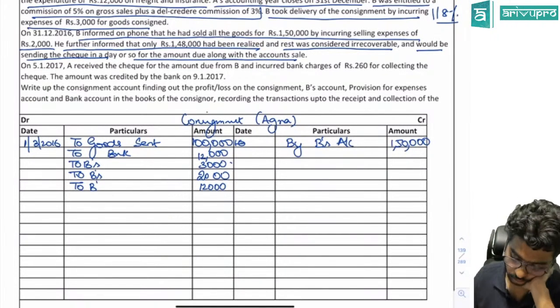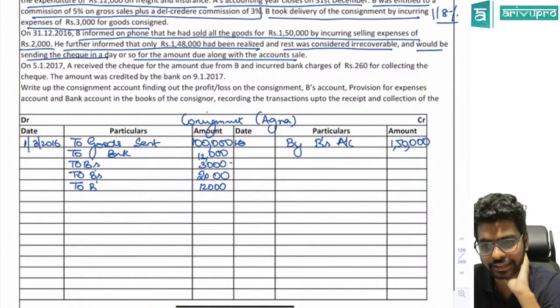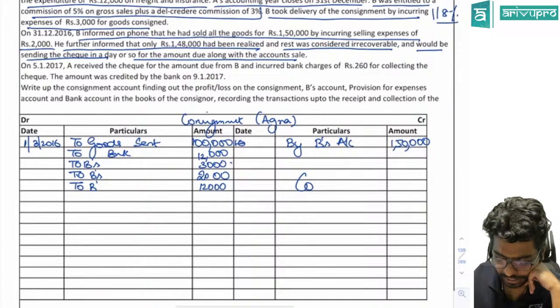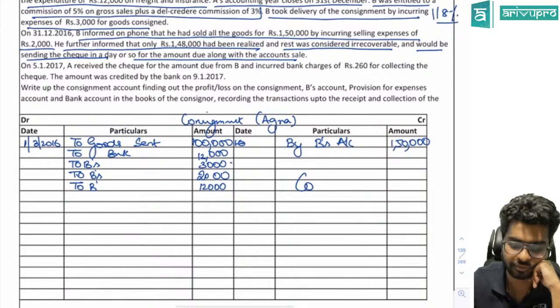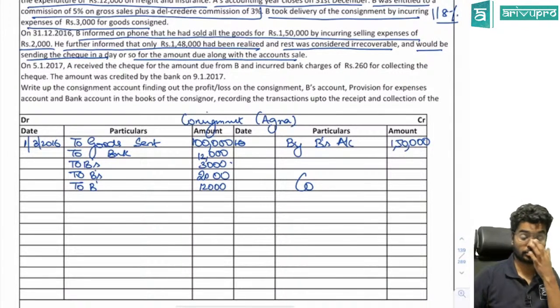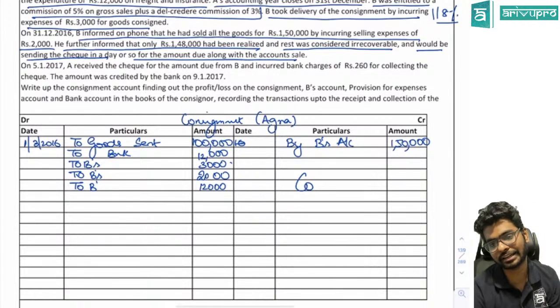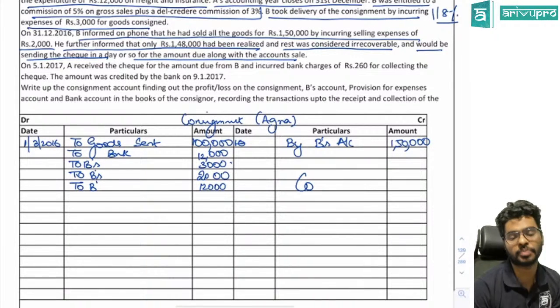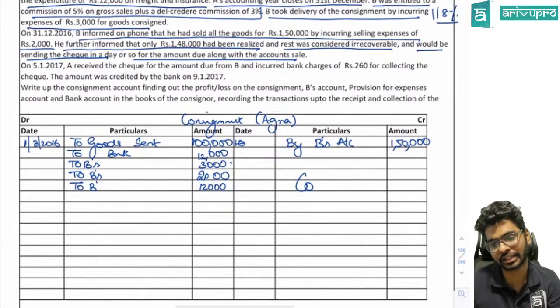Now it is Del Cadre commission. Will the consigner bear the bad debt, yes or no, or will it be borne by the consignee? Guys, this is a del cadre commission. Will the expenses, bad debts be borne by the consigner or the consignee?